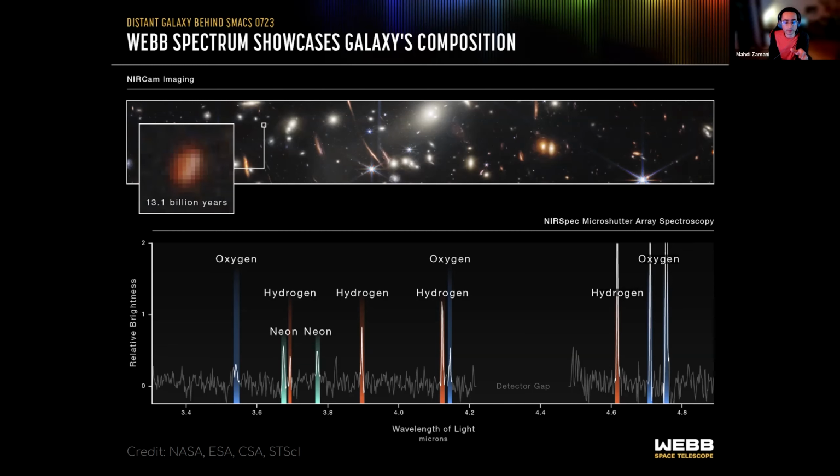The color blue is oxygen, and the color cyan is neon. And this helps people to better understand what they're seeing exactly, and also the scientists to better explain their science to other scientists as well as the public.